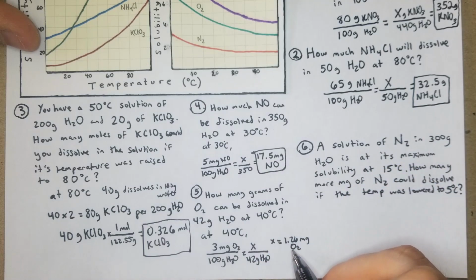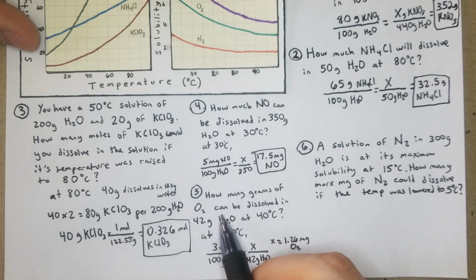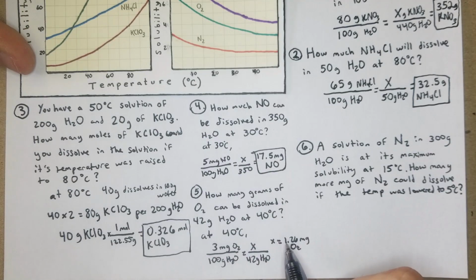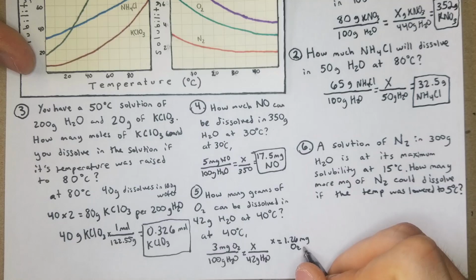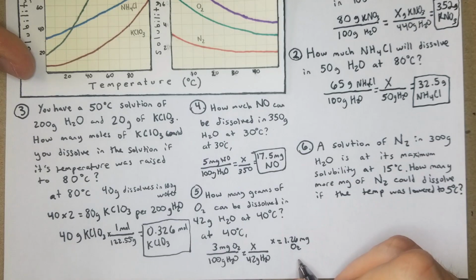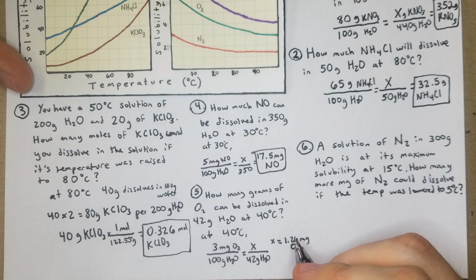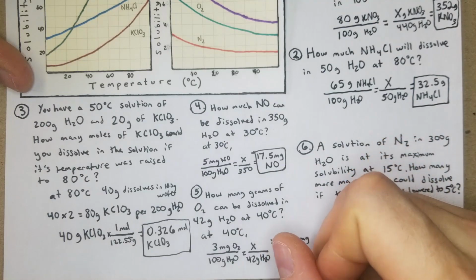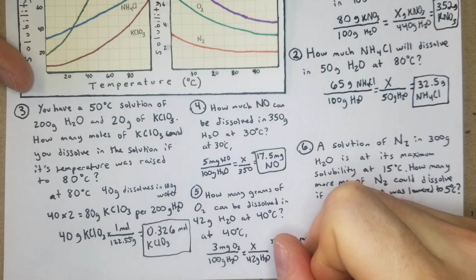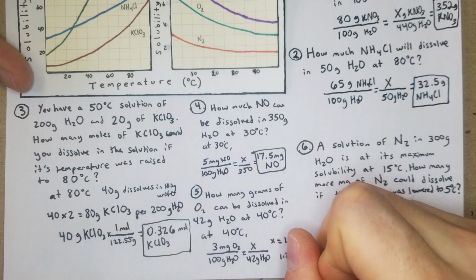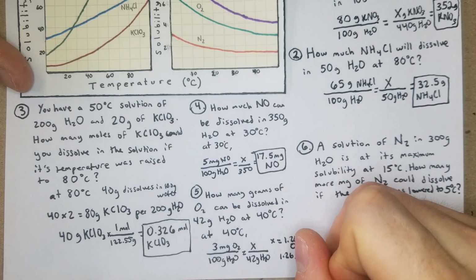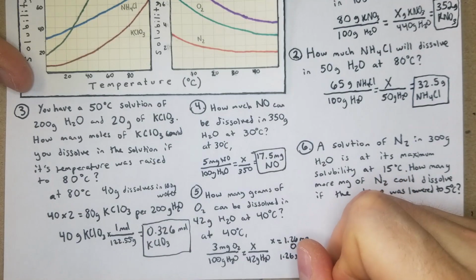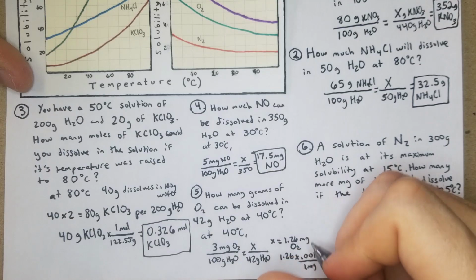That is not our final answer though, I believe, because how many grams of O2 can be dissolved? And what we just found is milligrams. So that's something that would be really easy to miss, I think. I kind of just try to throw that in because that's something that will trick a lot of people. Not trick might be the wrong word, but just might catch them off guard. So we have 1.26 times 0.001 grams per milligram on the bottom, so our units cancel.